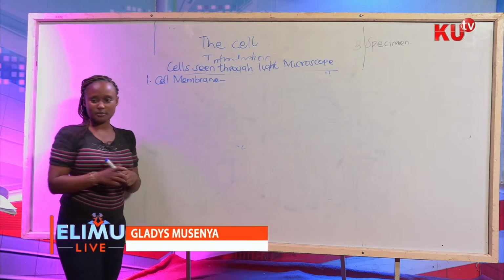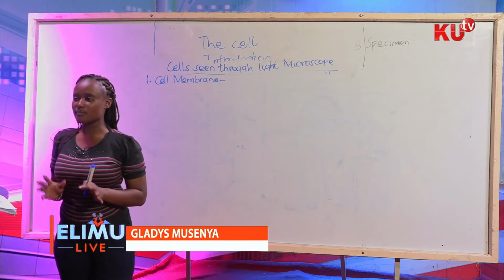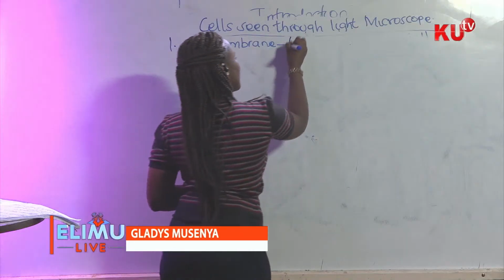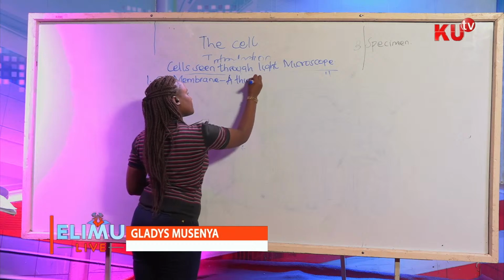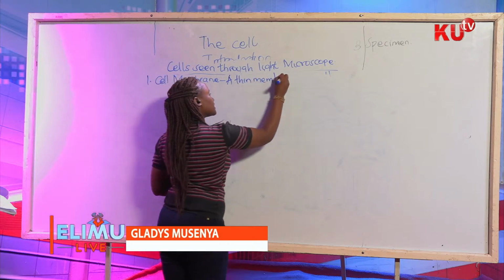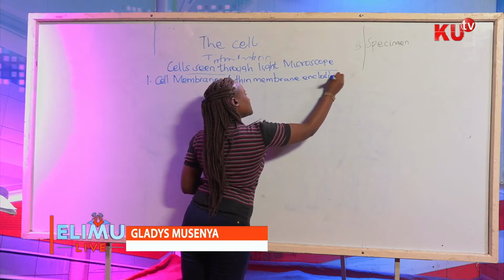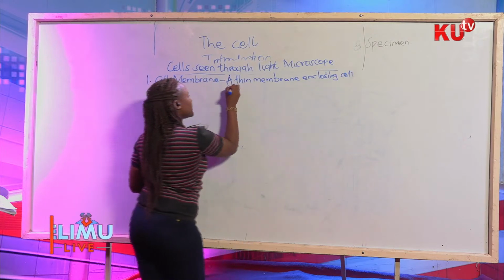So what is a cell membrane? It is a thin membrane enclosing cell contents.